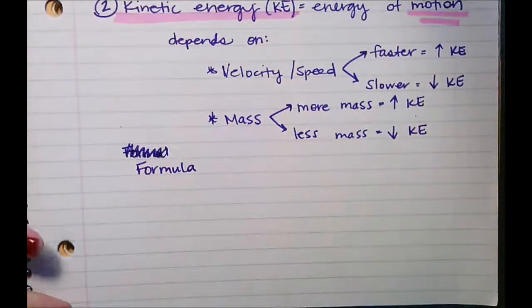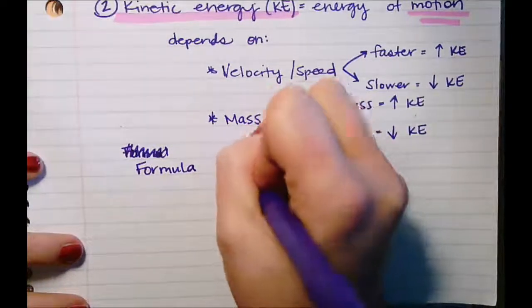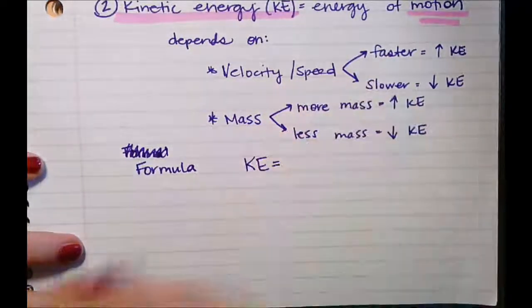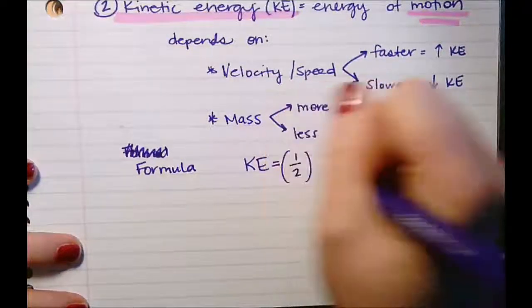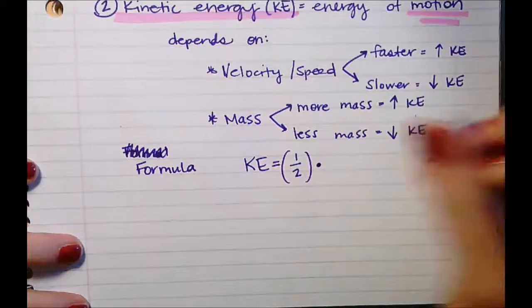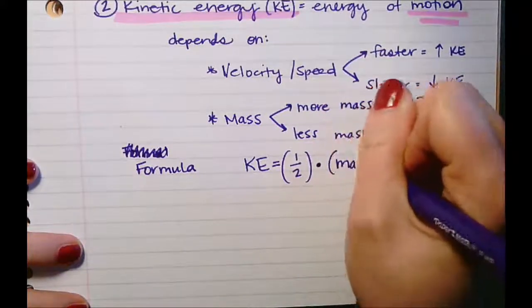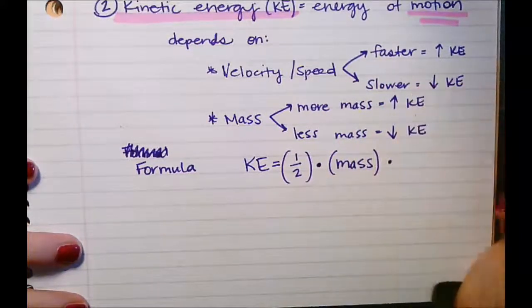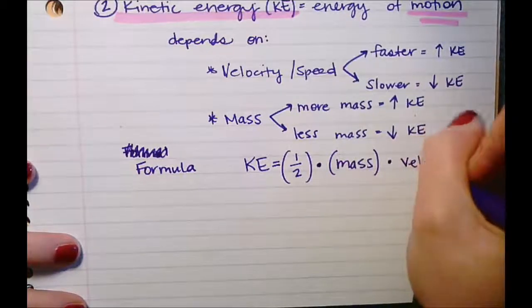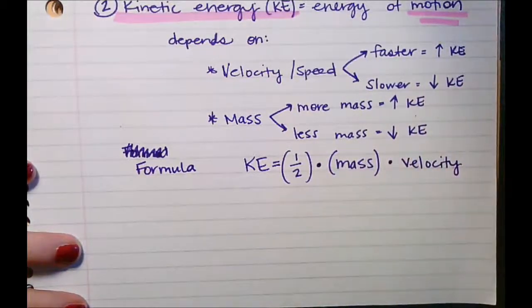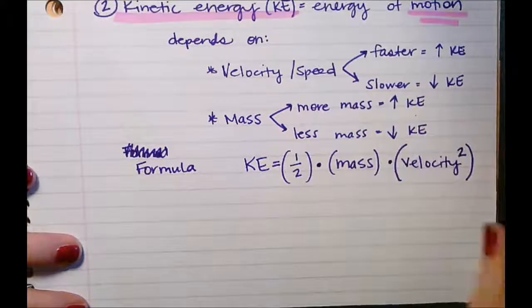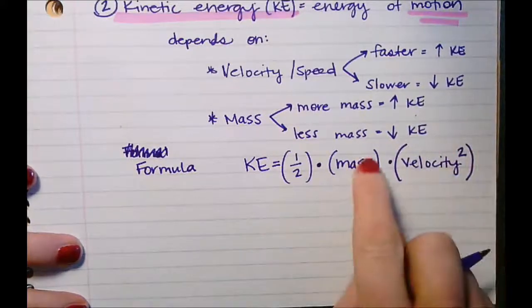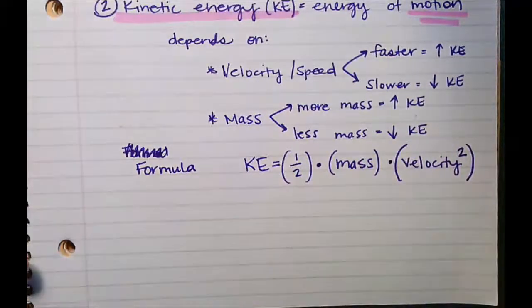Our formula for kinetic energy is KE equals 1/2 times the mass of the object times the velocity, which is another word for speed. Velocity technically has a direction, but you would square the velocity. Note, we are only squaring the velocity. We're not squaring the mass, and we're not squaring the half.